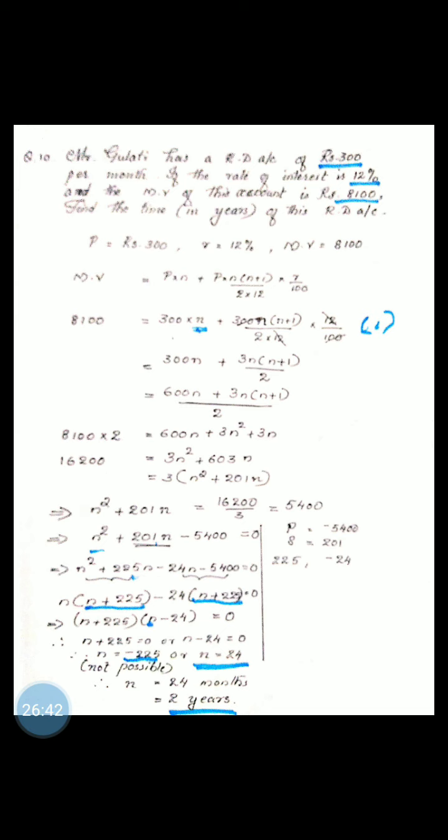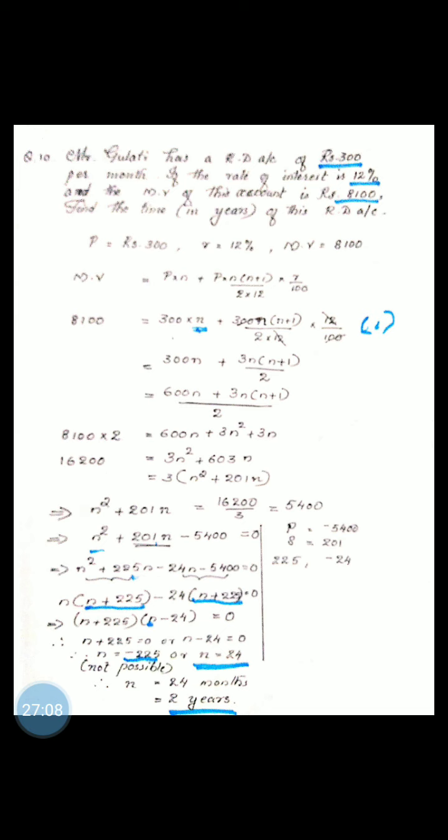Now we can apply the grouping method. First two terms in a group and last two terms in another group. Now take common factor in the first group. What is common factor? n is common, so you can take it outside. n into n plus 225.